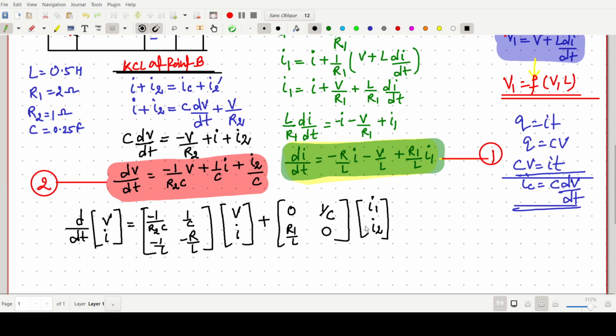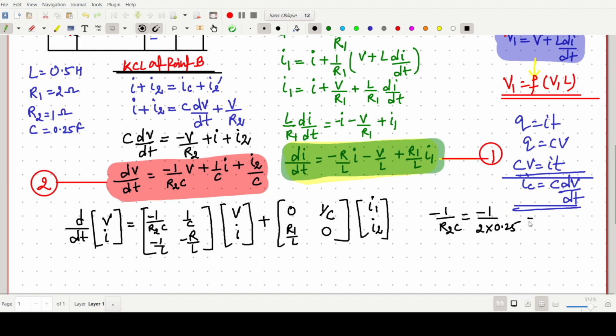So now our options in terms of value. Now we have to find the value of minus 1 by R2 C. What is the value? Minus 1, right? R2 value is 2 and C value is 0.25.